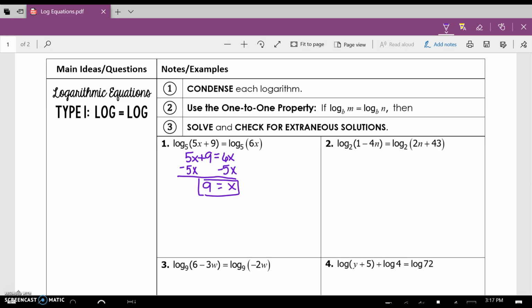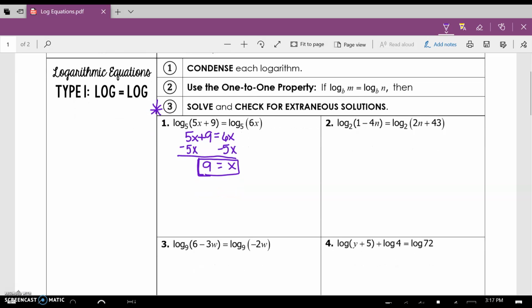Now, the condition to these is that you have to check and make sure that they work. A big factor here, and we're going to put a star here, and I want to make sure that you write this in your notes, is that logs cannot be negative.